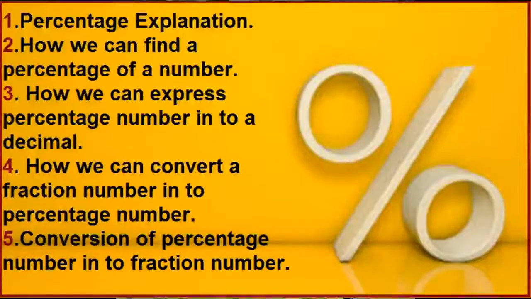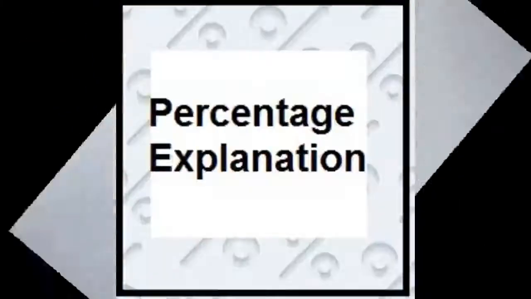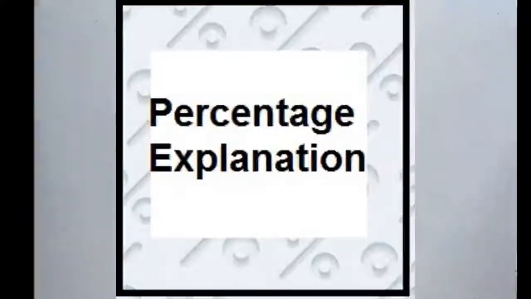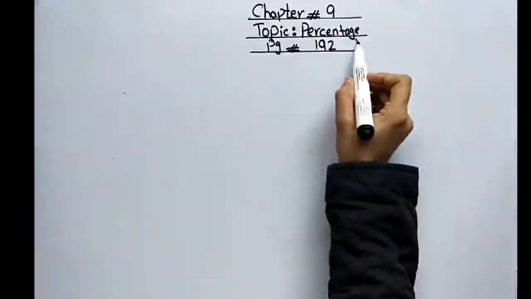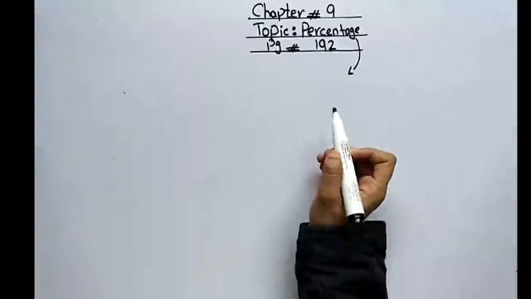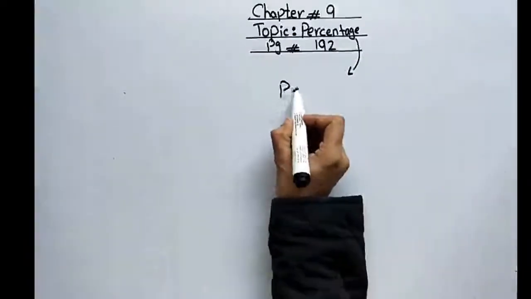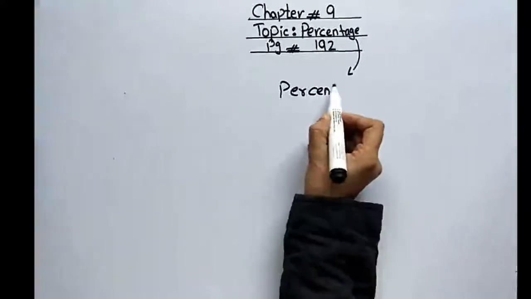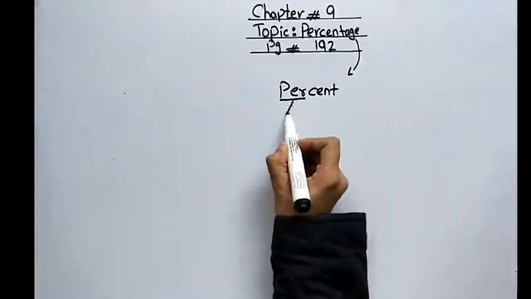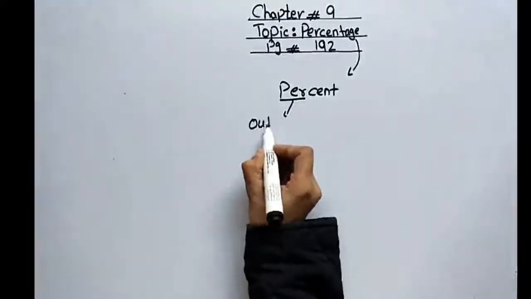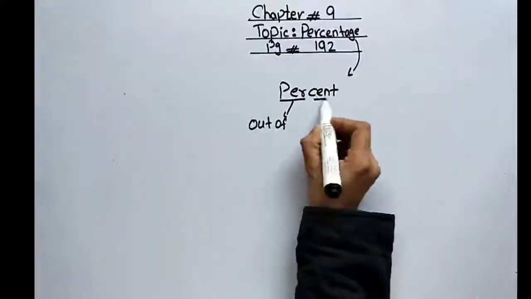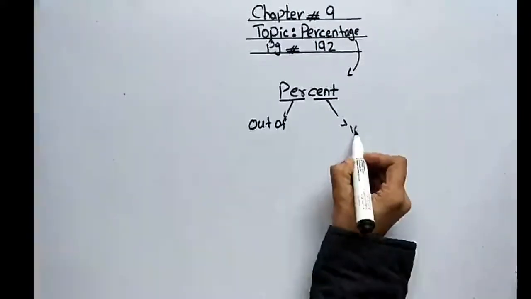Now the first topic is percentage explanation. I will tell you about the meaning of percentage and its symbol. Percent: per means out of, and cent means 100.